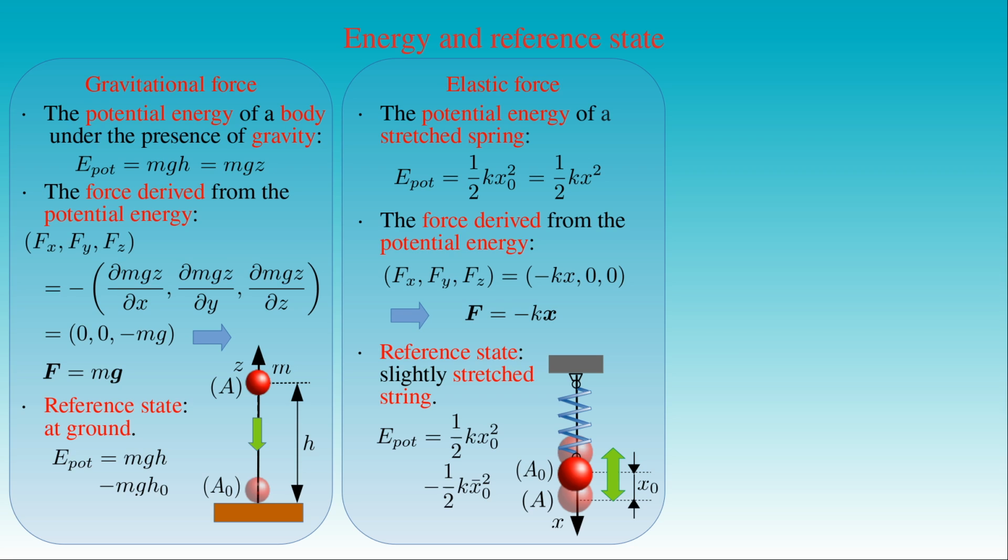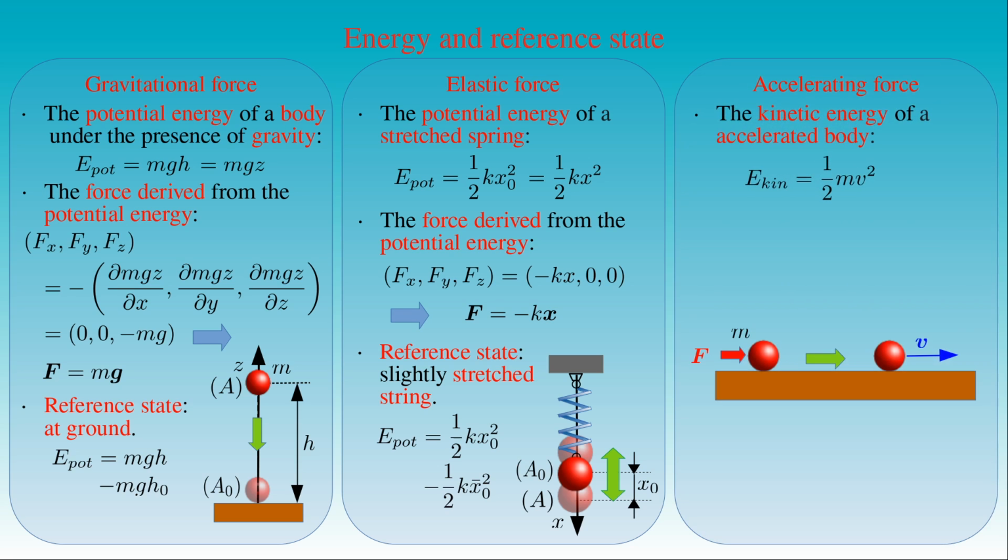Such a choice of the reference state can be made in the case of the kinetic energy of a body of mass m at the speed v as well, which is equal to 1 over 2 times m times v squared. If the reference state A0 of a body accelerated by a force is not the state when it is at rest but when it has the velocity v0, then the kinetic energy of the body in the state A is given by 1 over 2 times m times v squared, minus 1 over 2 times m times v0 squared.